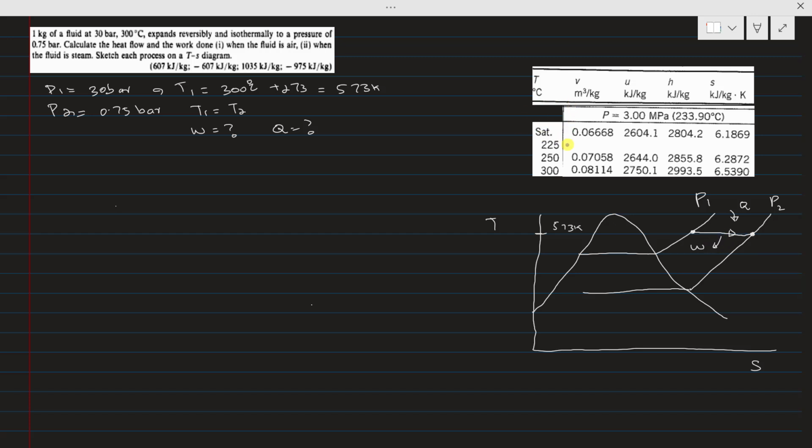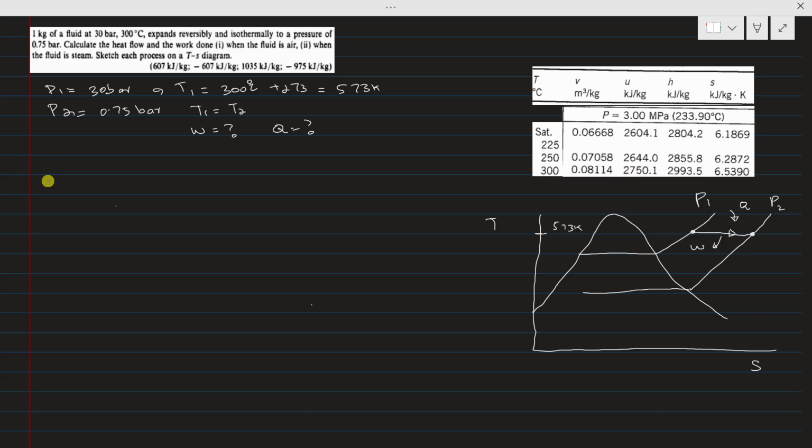Extract a portion of the steam table, that is our concern in this statement. So from the steam table at pressure P1 and temperature 300 centigrade, you will see that the entropy S1 and enthalpy U1 are provided.